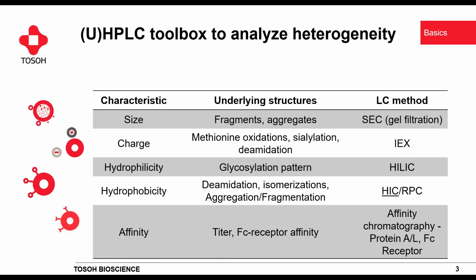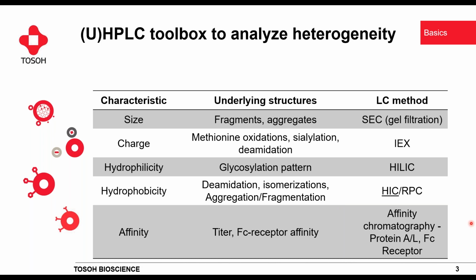Then, of course, you could also have different hydrophilicities of your molecules that are maybe caused by glycosylation patterns. And therefore, you use hydrophilic interaction liquid chromatography, also called HILIC. Then it might also be that you want to investigate the hydrophobicity of your sample. That might be caused also by deamidation, isomerization, aggregation, or fragments.